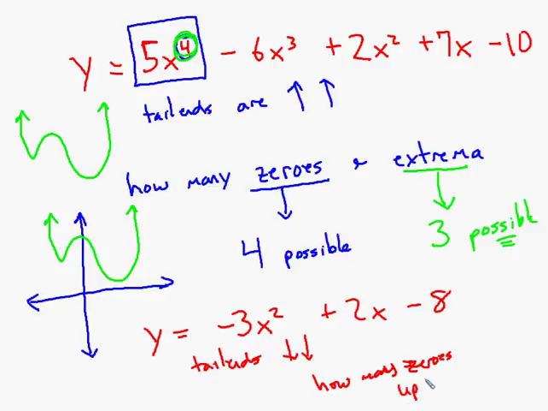Up to 2, right? And how many extrema? 1. Up to 1. Okay, it's 1 less than the number of zeros. You can't have more extrema than you have zeros. Now, I could have only 1 zero. I could have 0 zeros. Okay, but the max I'm going to get is 2.